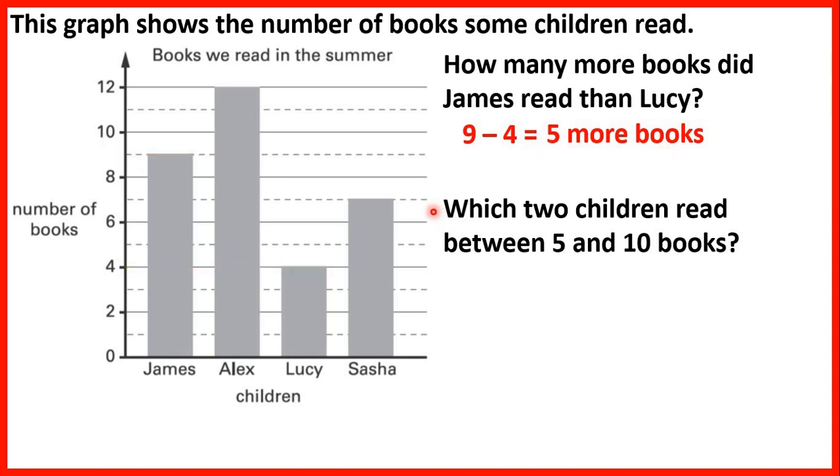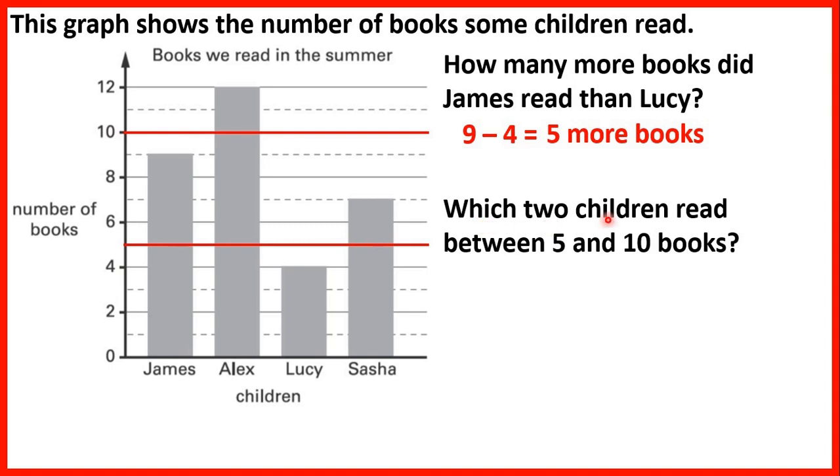Now, which 2 children read between 5 and 10 books? Well, what we can do is draw a line across from 5 books, so that will be between 4 and 6, and then draw a line across from 10 books.